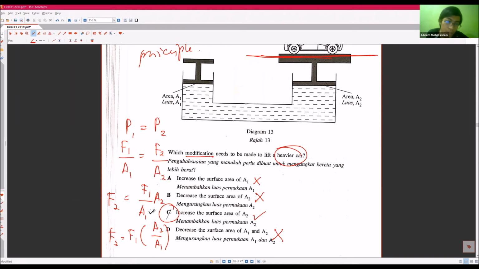We should increase A2 or decrease A1. We can do both changes, A2 higher and A1 lower, or just either one of the changes can make F2 higher. So in this case, we have to increase A2. So the answer is C.